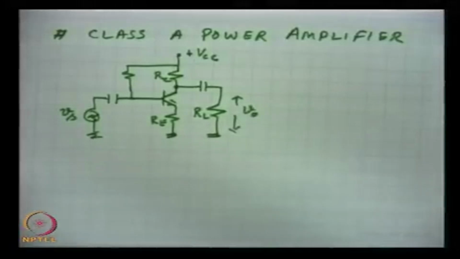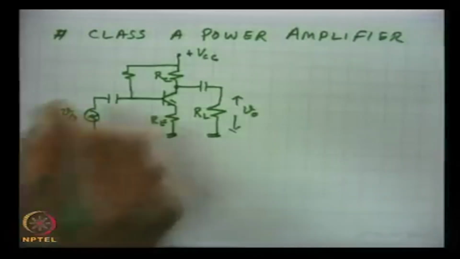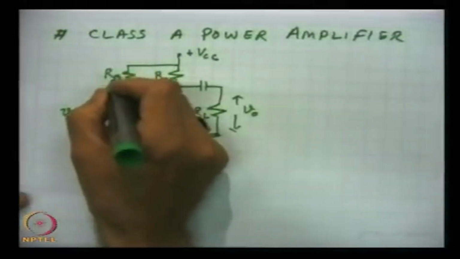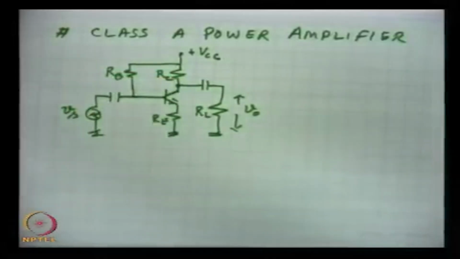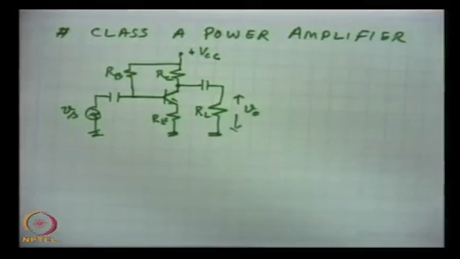Now, you may say that the design of this is the same as for a small signal amplifier. I said small signal amplifiers are operated as class A. So, the design is similar, but the considerations will be totally different, as we will see here.